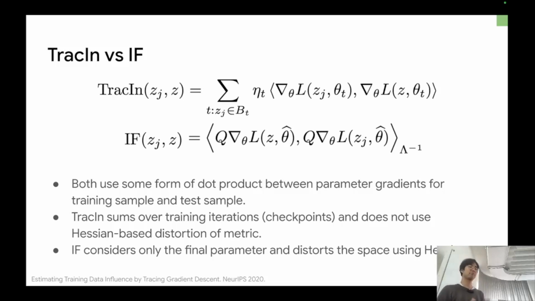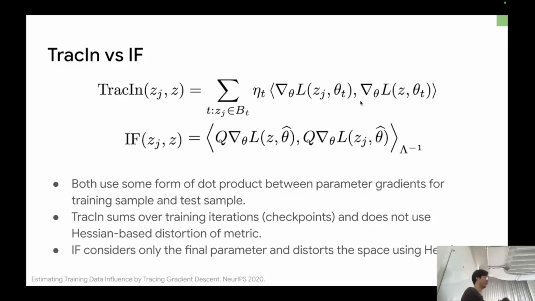Okay. So I'd like to shed light on the similarities between TracIn and IF. Probably you noticed that already, right? In both cases, you're taking the parameter gradient of the loss at test time and the loss at a training point and doing some kind of dot product between the two. The only difference is that for TracIn, you're not modulating the vectors with the Hessian.